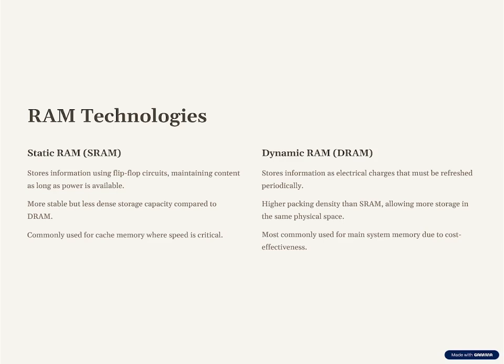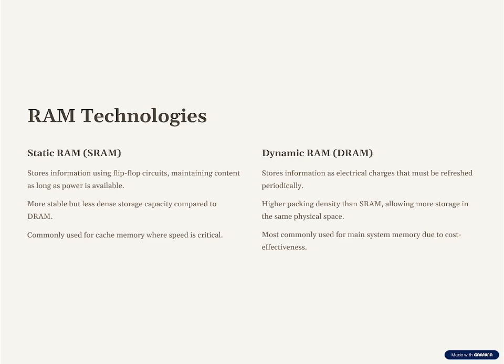Now the dynamic RAM. The dynamic RAM stores information as electrical charge that must be refreshed periodically. So it holds information temporarily but is always refreshed periodically, meaning that when we refresh, we are freeing up the memory. In a dynamic RAM, there is a higher packing density than in the static RAM, which allows more storage in the same physical space.